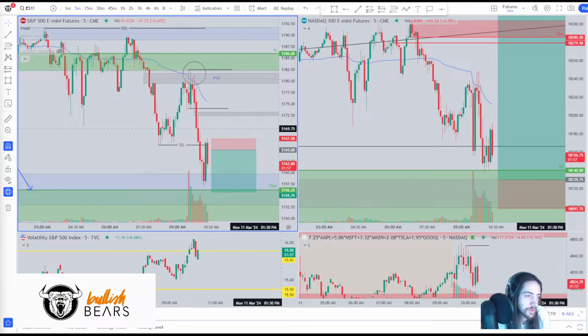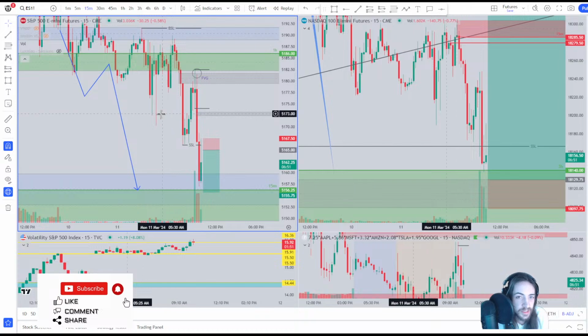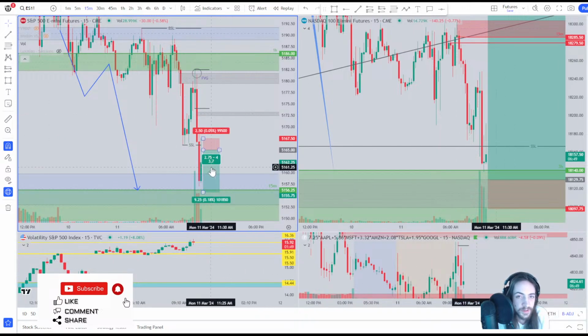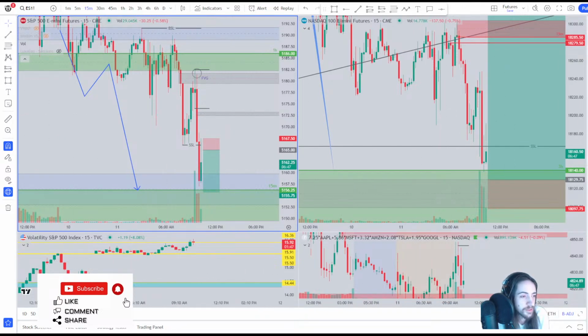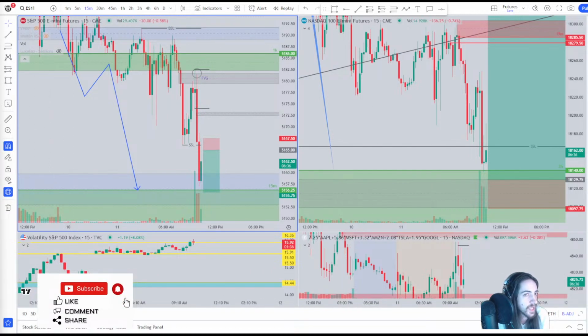Nice. Good push, good push. Reason I'm staying short is because of the 15-minute time frame. Looking for a 3 to 1 on this. Nasdaq did reject back lower. That's alright.